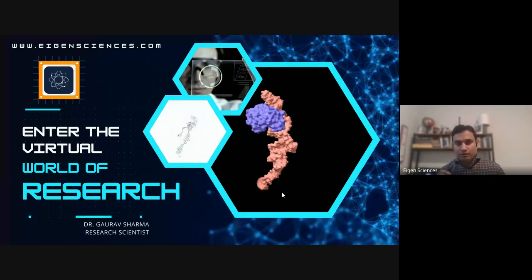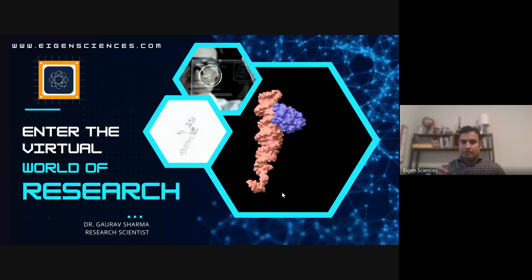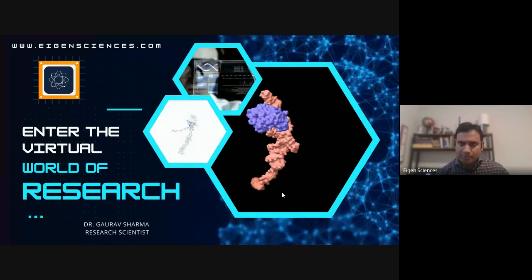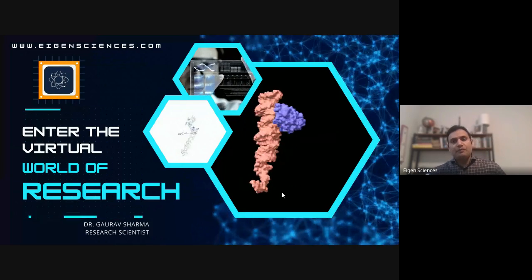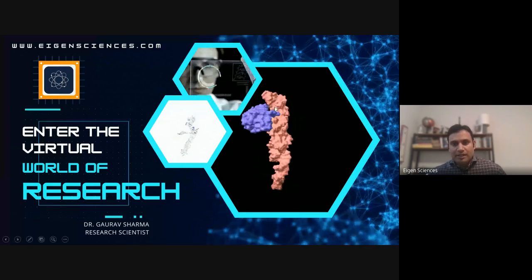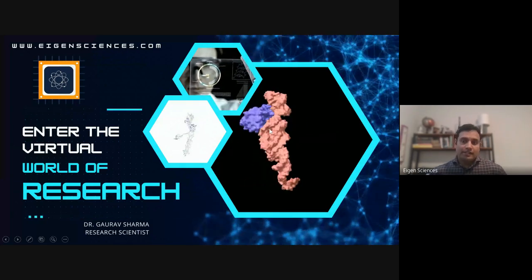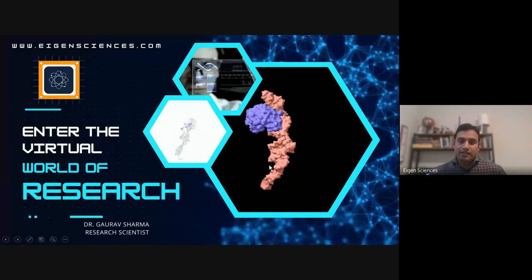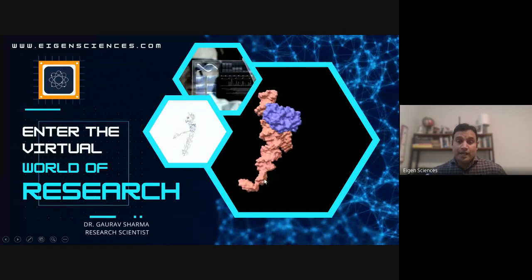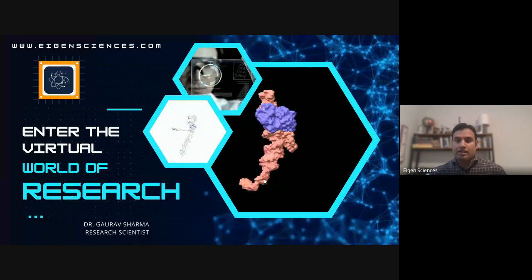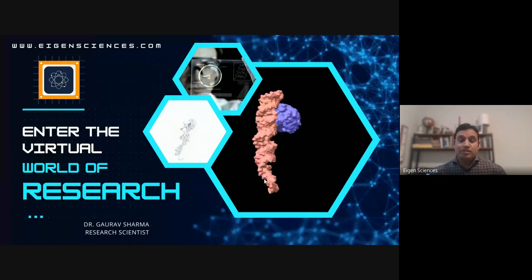Okay, so on the screen there is a revolving structure which is purple and pink in color. The purple is a protein. It is a cancerous protein, and the pink is a small segment of DNA. Actually, it doesn't look like DNA because it is a single stranded DNA, which is called an aptamer.